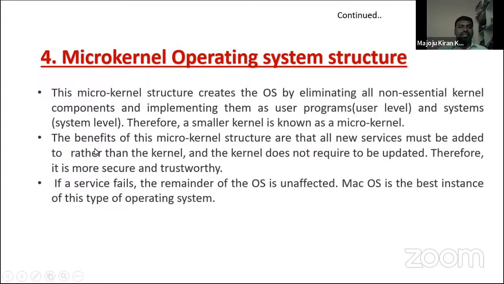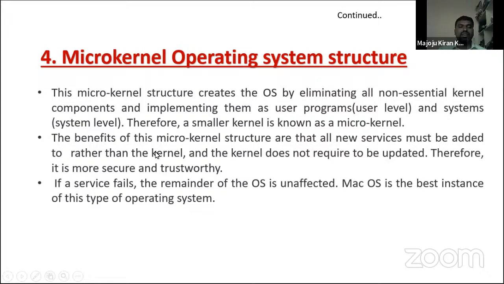Okay, so the benefit of this microkernel operating system structure is, if you want to add any new service, the new service can be added to this microkernel instead of the actual kernel. That means the actual kernel contains only the essential components, which provide only the essential services.